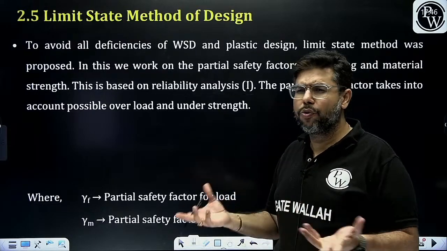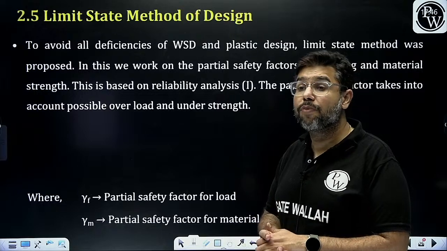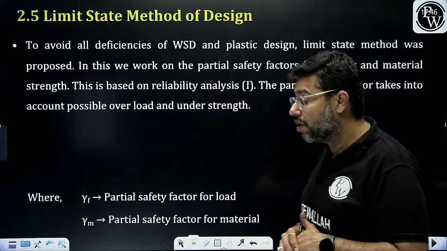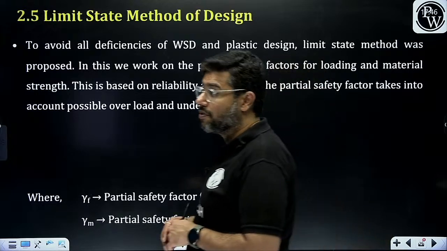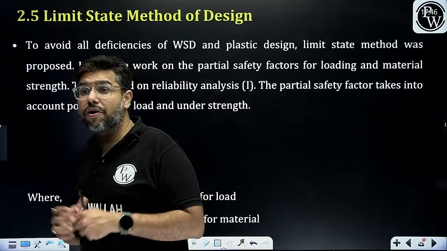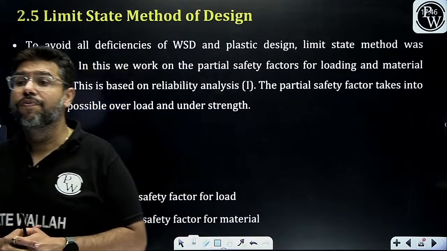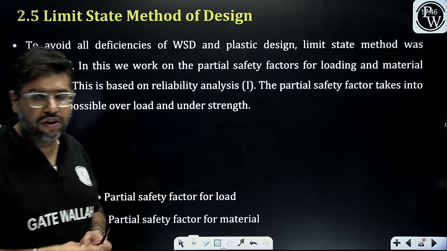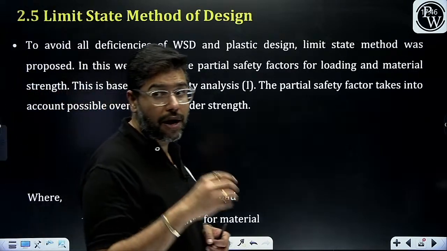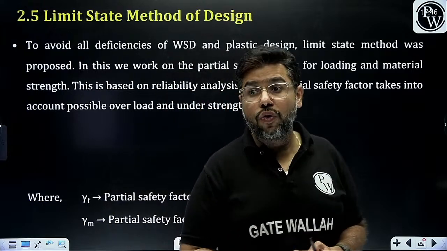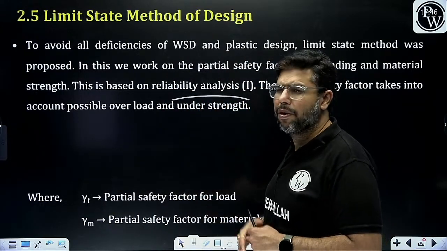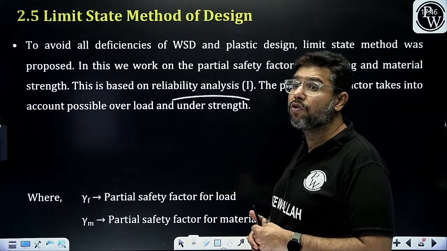I am not going into detail because it is not in your course, but the partial safety factors that we use in the limit state method of design have certain mathematical justification. They are not just adopted out of experience. It is backed with certain mathematical theories, which are covered in reliability analysis part 1, but that is not in your course.